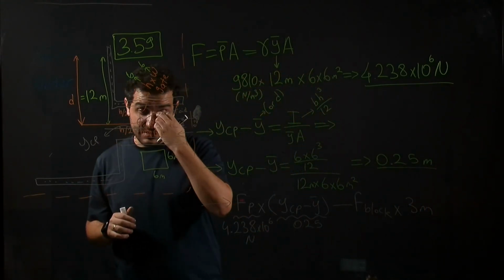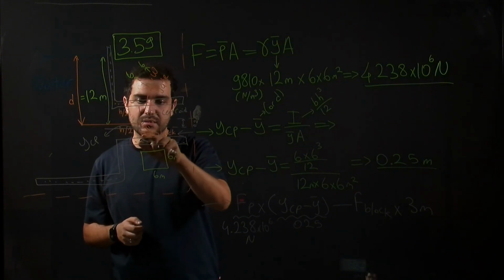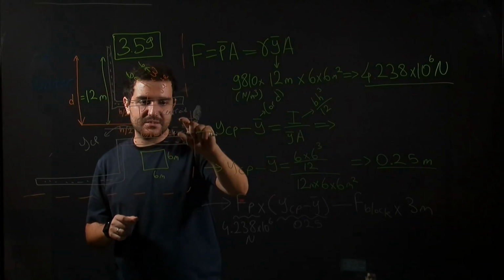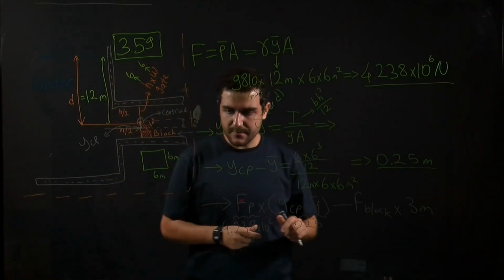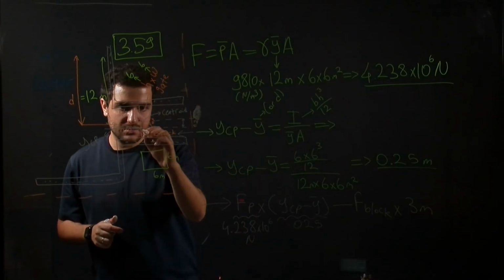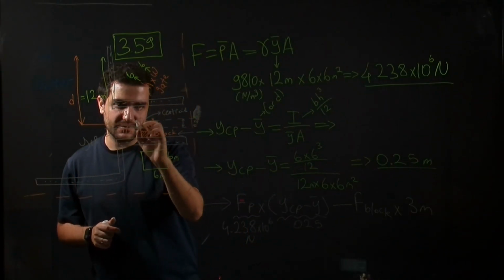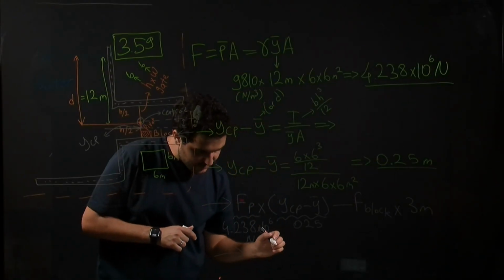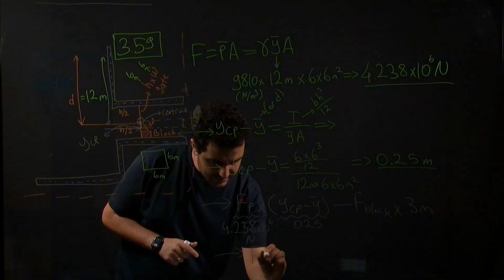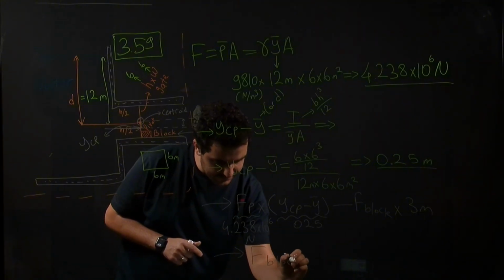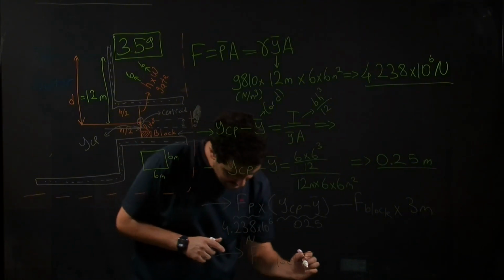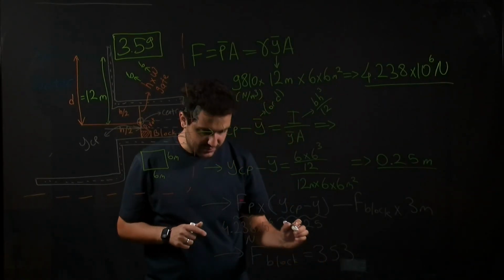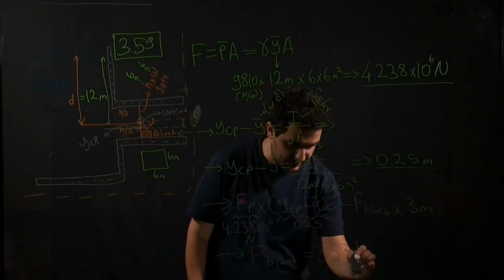So this means that from the bottom of block to the centroid we have 3 meters of distance. So we can calculate moment at pivot. This is going to give us F block as 353, so 353 kilonewton.